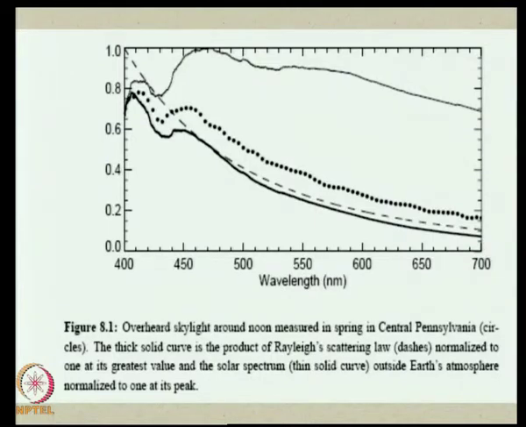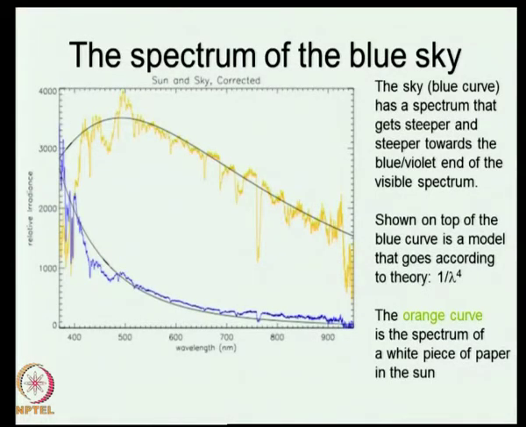And you can see that it cannot fully explain why the observed maxima in the blue is there. It is more seen in the simple theory as occurring in the violet. So, the blue curve is the model as goes lambda to the power of 4. Orange curve is the sun spectra.